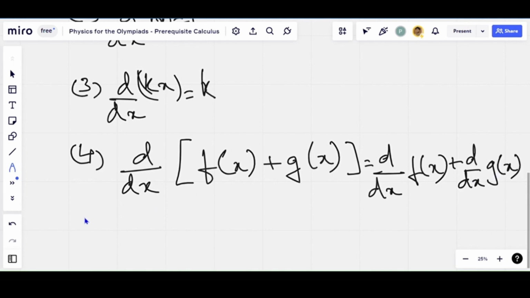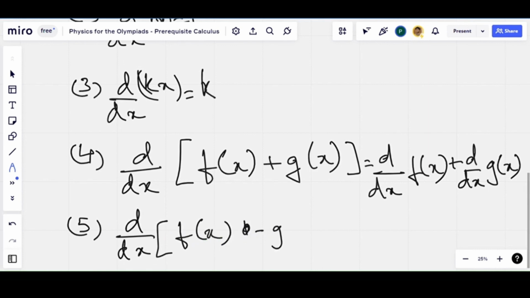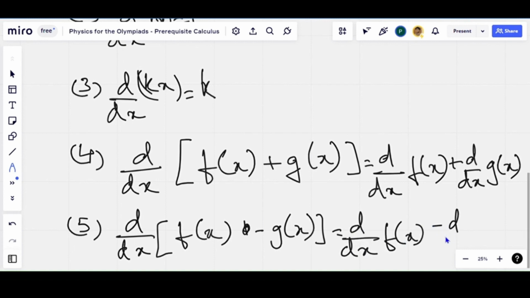Next is the subtraction, similarly, which is d by dx of two functions f of x minus g of x, which equals d by dx f of x minus d by dx g of x.